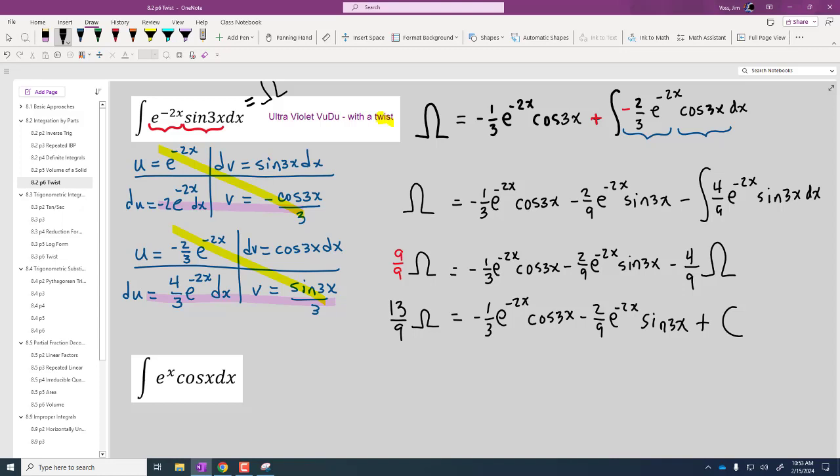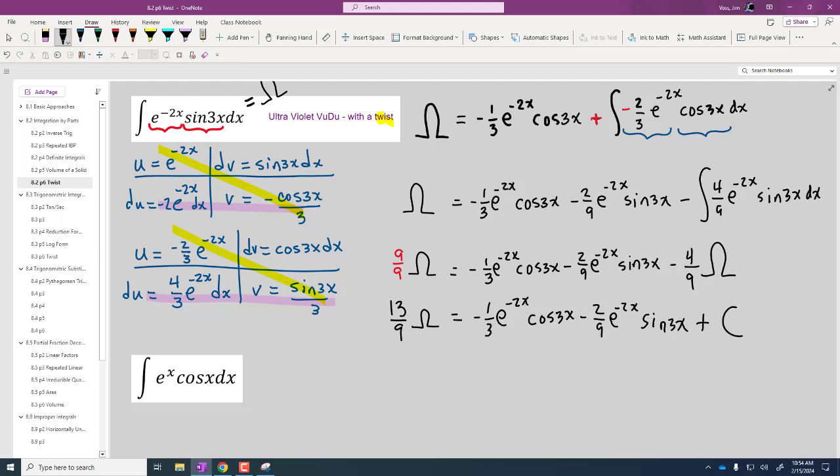As soon as we do this twist, where we twist this omega over to the other side and combine it, then we need to drop in a plus c. Because this omega represents an indefinite integral, which is a family of antiderivatives. So as soon as we twist those omegas together, we need to have that plus c on the right-hand side.